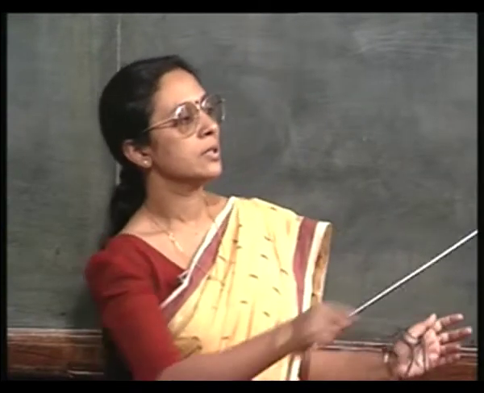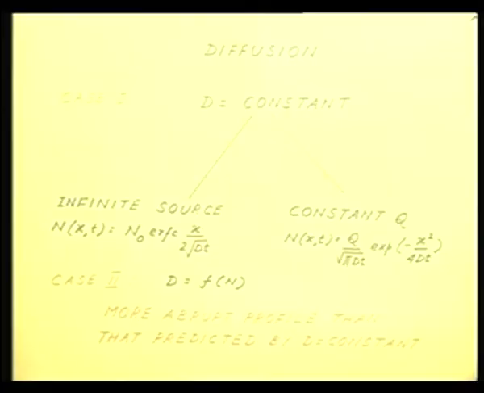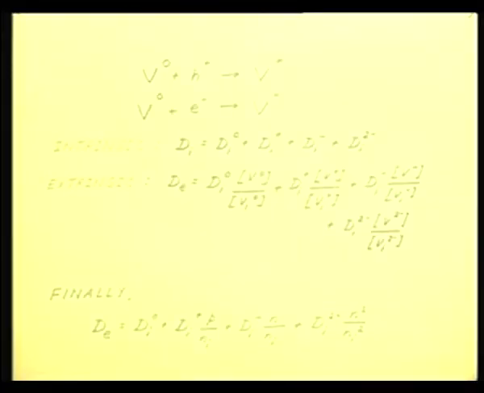If we look at card 2, you will see that these interactions can be expressed like this. Let us say, to begin with, we have vacancies which are neutral. So, V with a 0 on top, it means these vacancies are neutral.